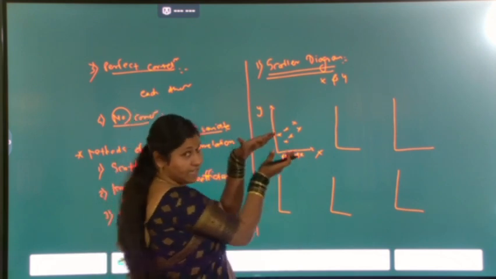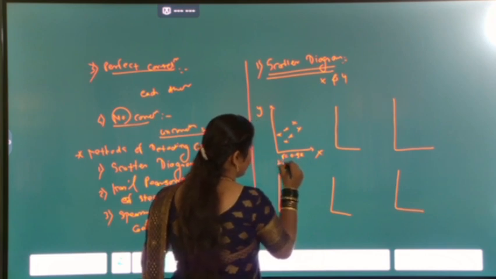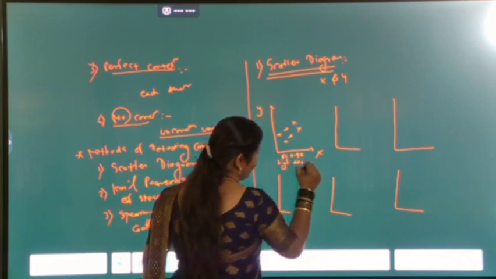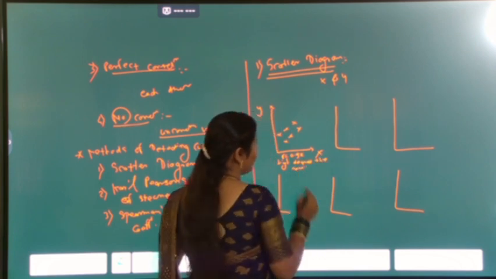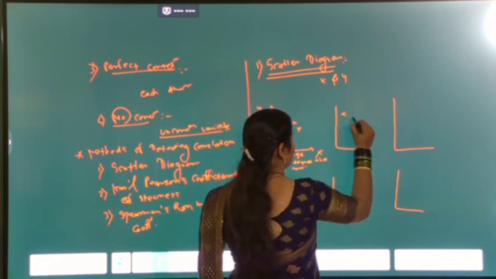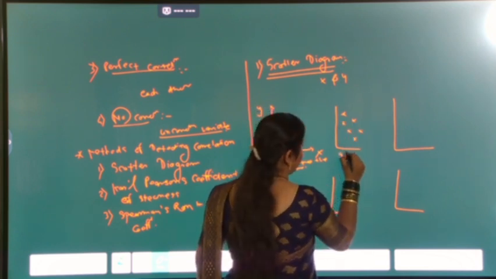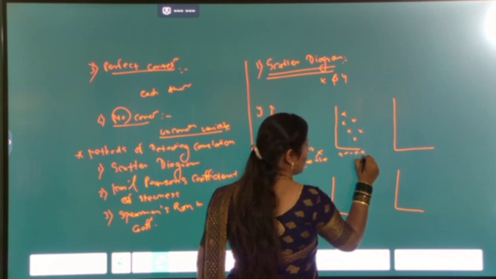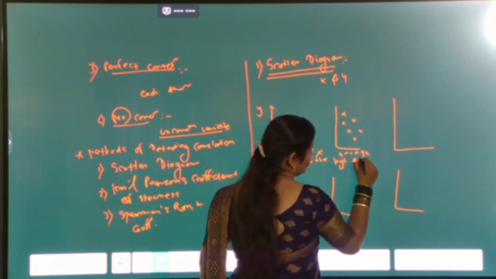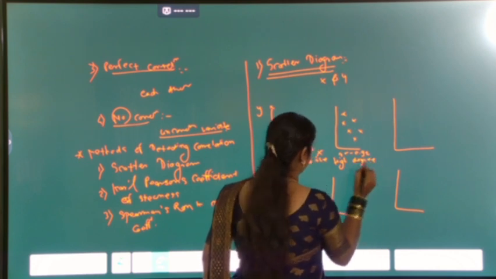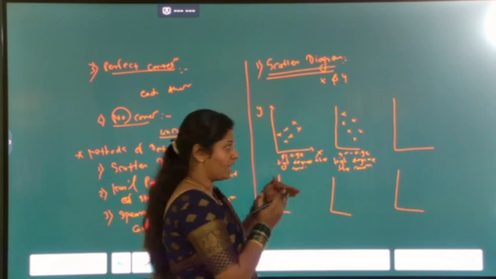There is a high degree positive correlation between these two variables. Similarly, if r is equal to minus 0.92, there is high degree negative correlation between these two variables.